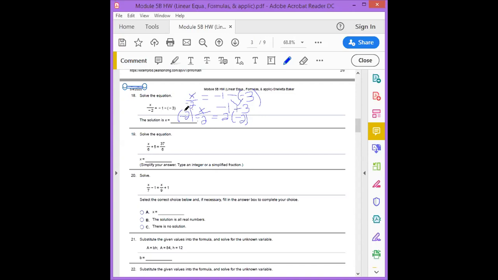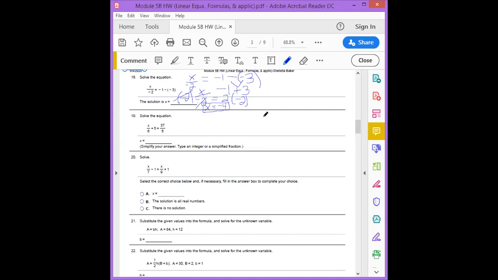All right, and -2 cancels with this -2. So that leaves just x on the left side. And on the right side of the equation, 2 times -2 gives us our solution, which is -4. So x equals -4 for number 18.